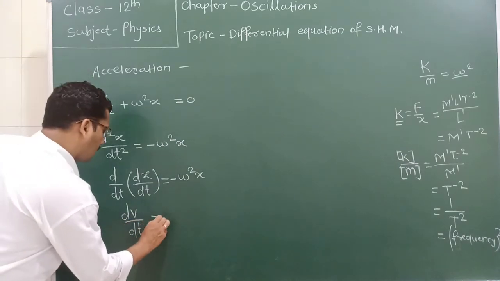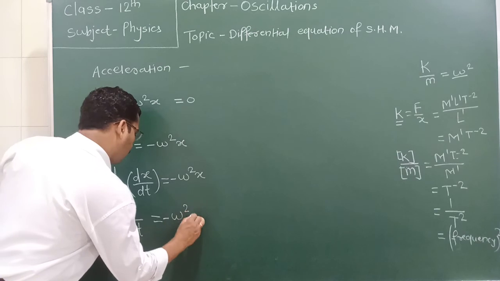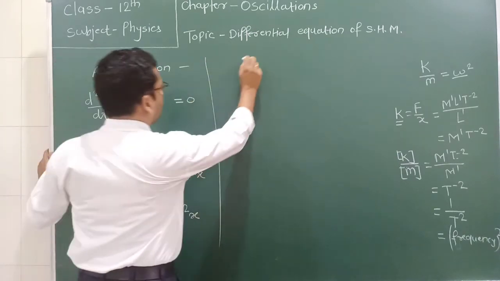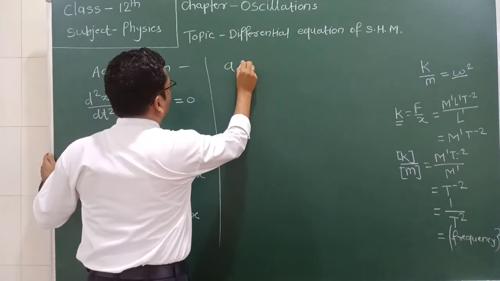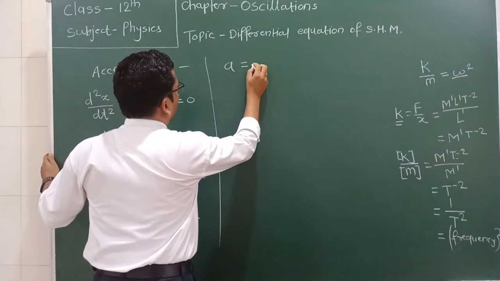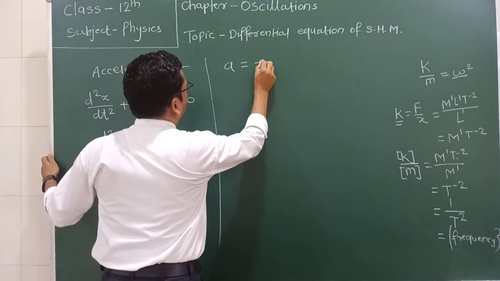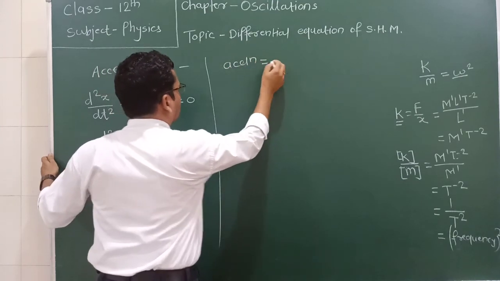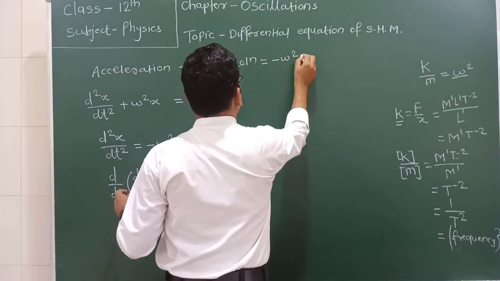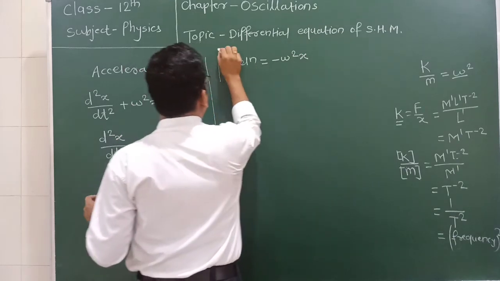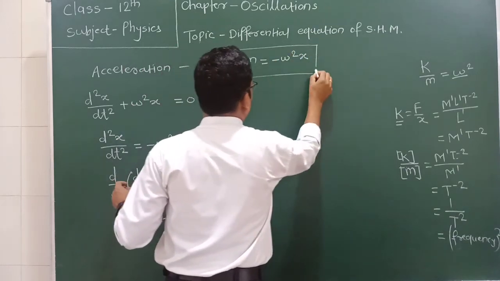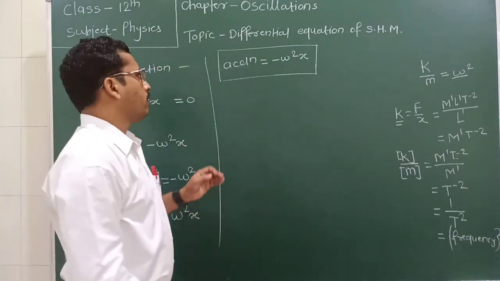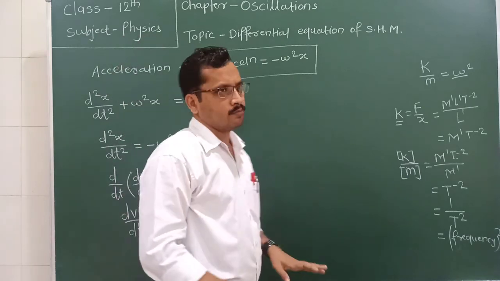So dv by dt is equal to minus omega square x. And dv by dt is nothing but the acceleration. So acceleration a is equal to minus omega square x. This is the simple relation for the acceleration of a particle performing simple harmonic motion.